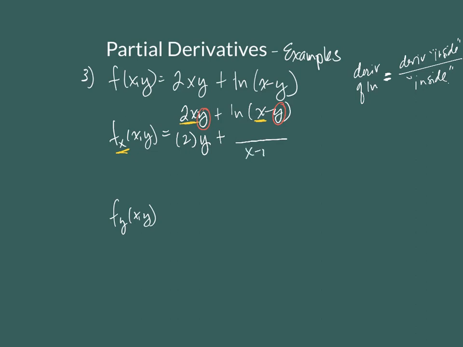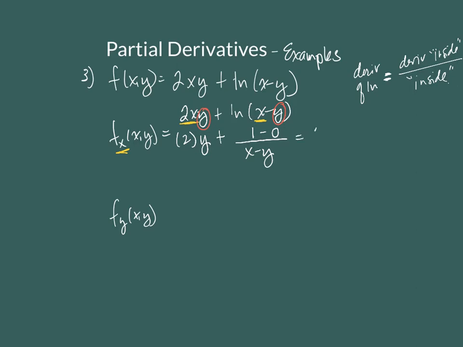I always write the inside first, the denominator. Then I'm going to take the derivative of x minus y. The derivative of x is 1 minus the derivative of y, which is treated as a constant, so 0. So it's x minus a constant, which is different than x times a constant. One is the constant multiple rule, the other is the difference rule.